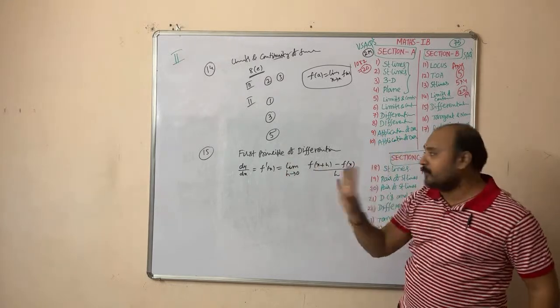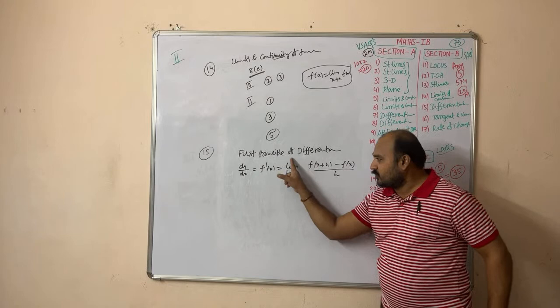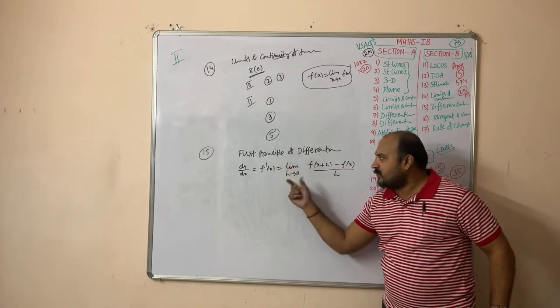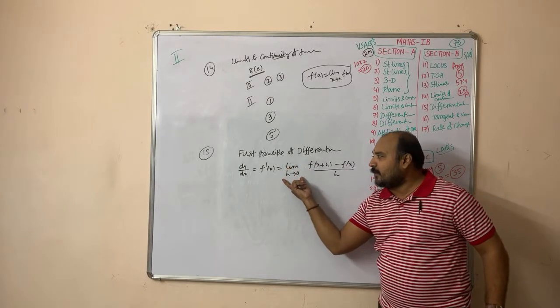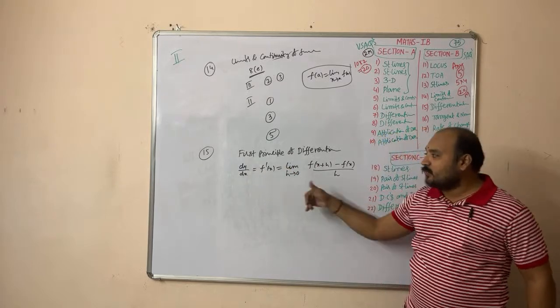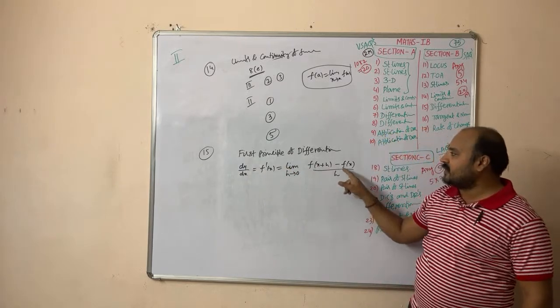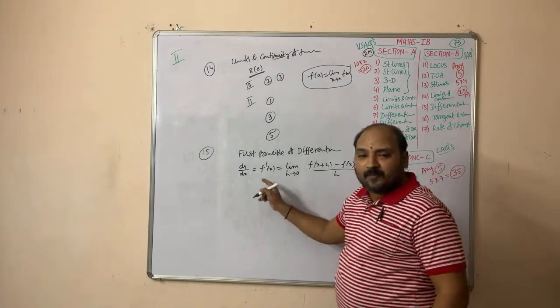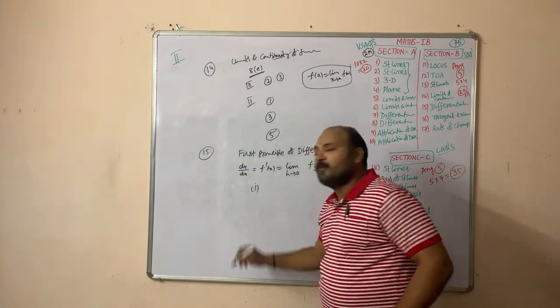Dear students, keep in mind this very important thing. I observed when correcting the papers that students are not writing limit h tends to 0. So dy by dx equal to f dash of x equal to limit h tends to 0 of f of x plus h minus f of x by h. What types of questions are possible for this?